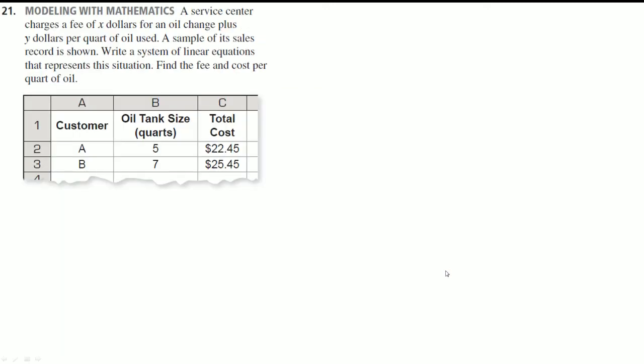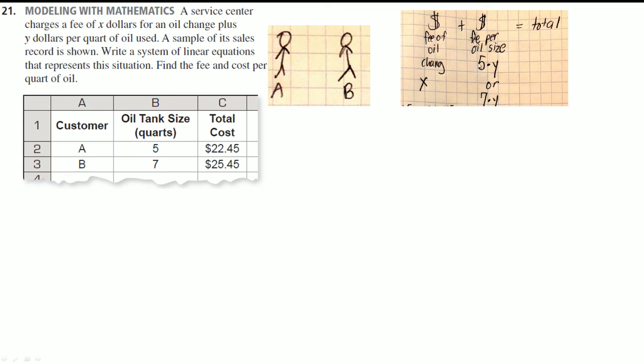21. A service center charges a fee. Here, you could read the scenario. But there's two people, A and B, and those are where the system is going to be. One equation is for the first customer A, and the second equation for customer B. It's the same service center. That's why it could be the same system. So the equation is set up with the flat fee, or your y-intercept, which is x.